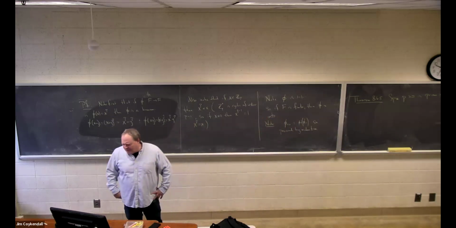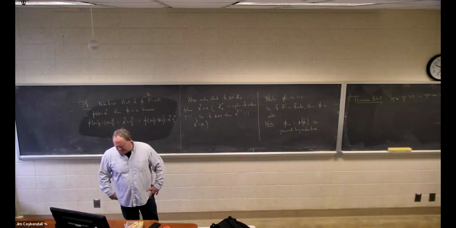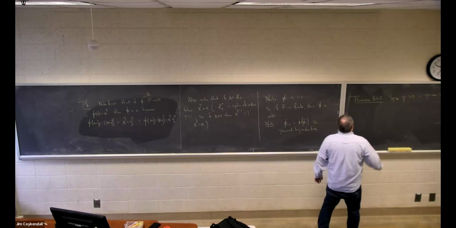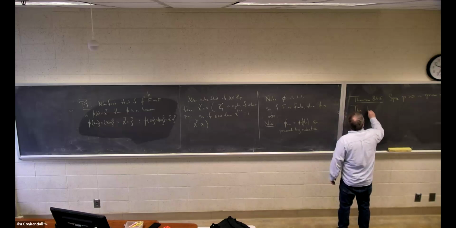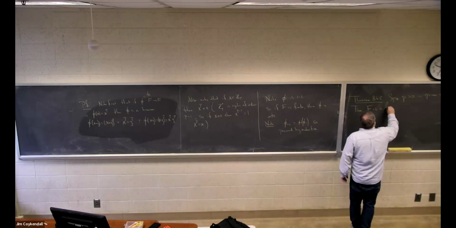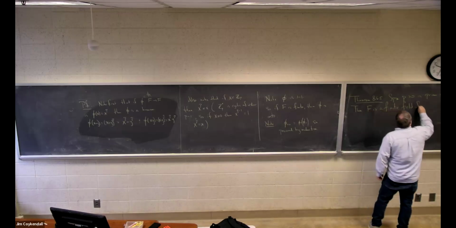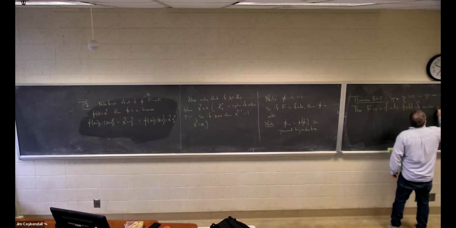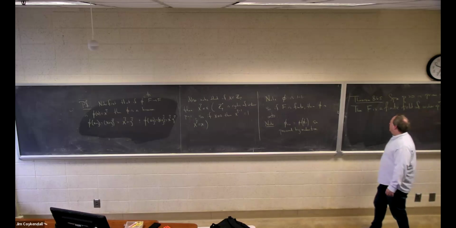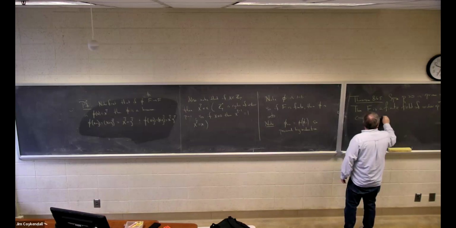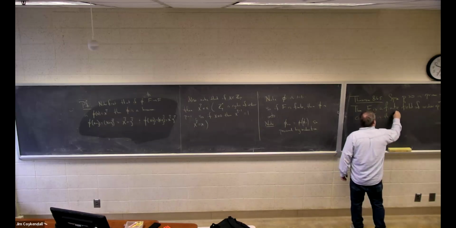Then F is a finite field of order p to the n if and only if F is the splitting field of x to the p to the n minus x.